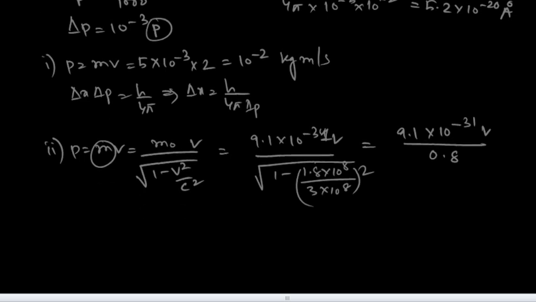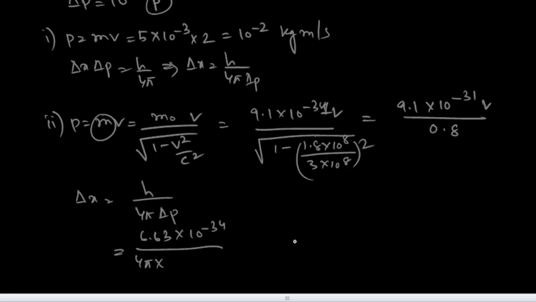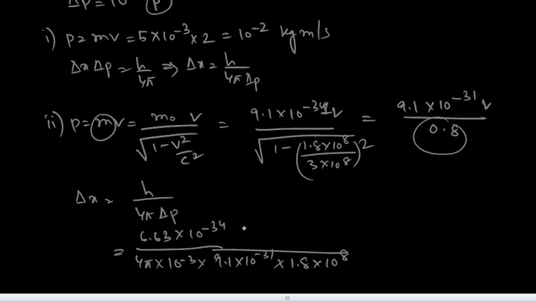Okay. Now again, we're just going to substitute this in the uncertainty principle. Δx is h/4πΔp, which is 6.63 into 10 to the power minus 34 by 4π into Δp, which is again 10 to the power minus 3 times p, and now p is 9.1 into 10 to the power minus 31 into v, where v is 1.8 into 10 to the power 8, and this 0.8 goes on top.